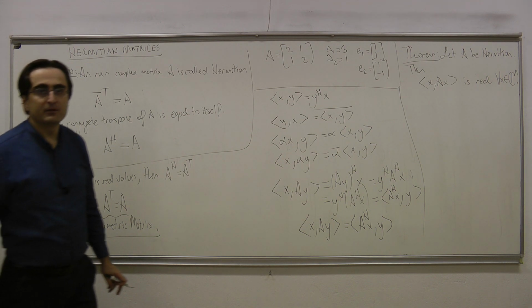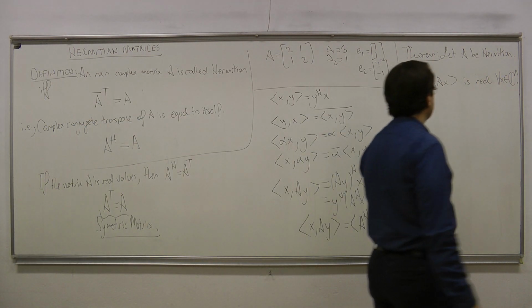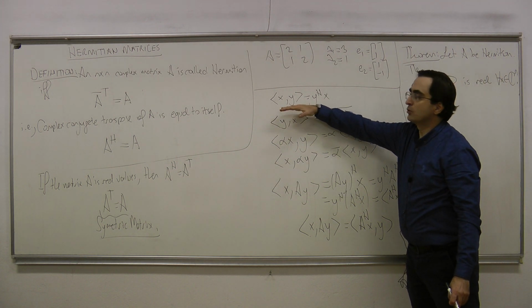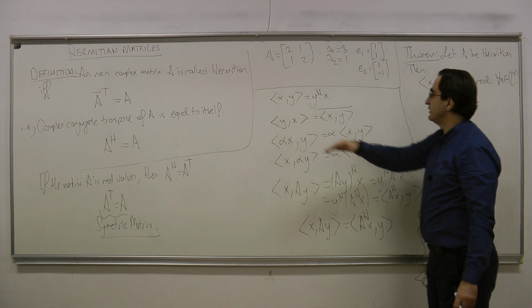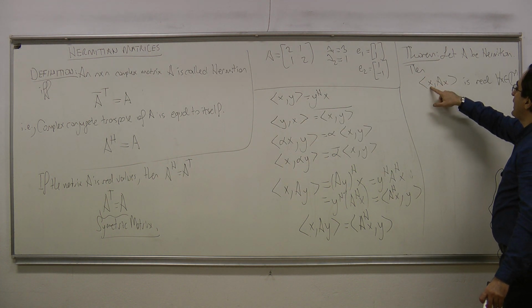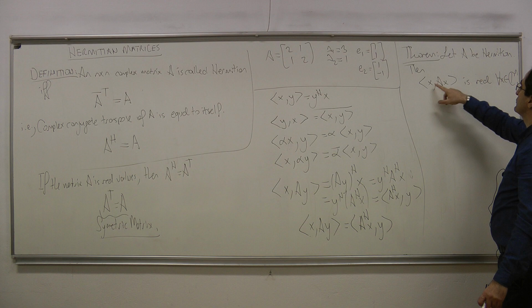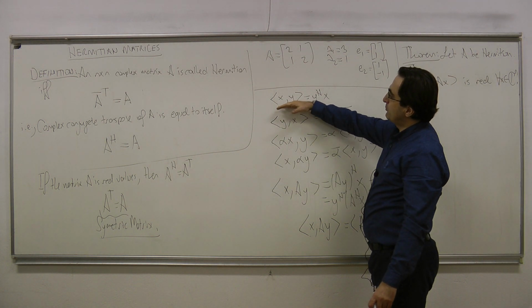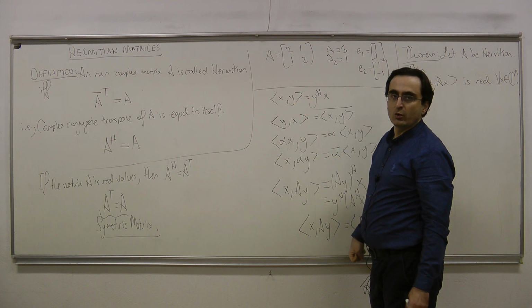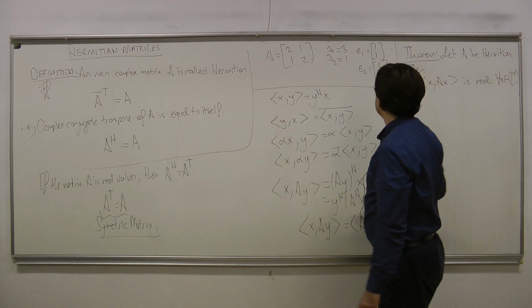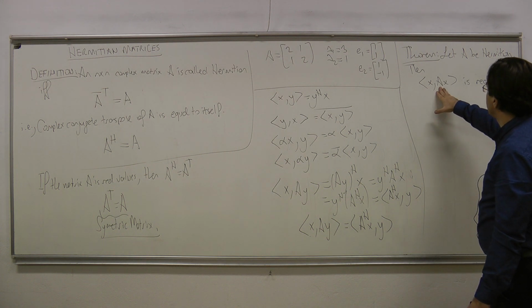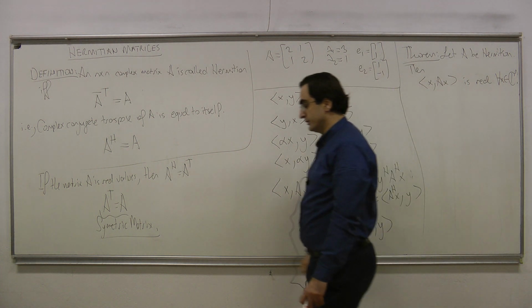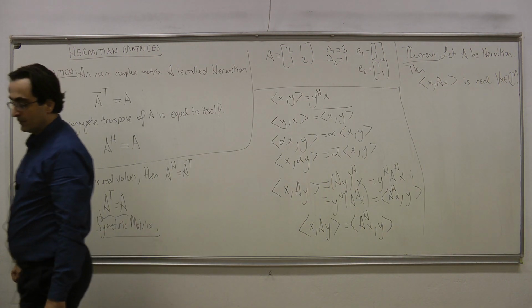This is the first property of the Hermitian matrices. If the matrix A is Hermitian, such an inner product, and we are going to be using this L2 inner product here, the inner product of X with its transformation AX, would always be real. This inner product in general is a complex quantity. And here we are told that if A is Hermitian, such an inner product would always turn out to be real for all X's. All right?